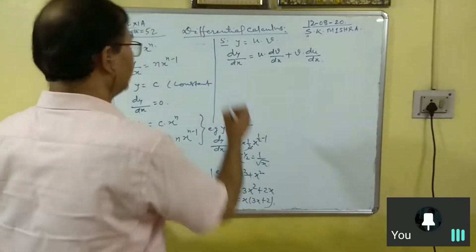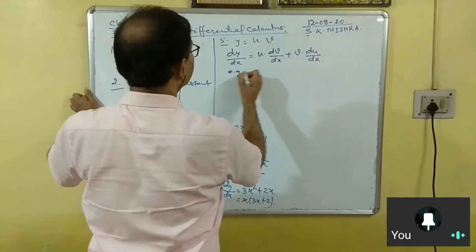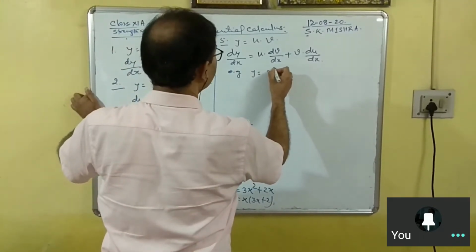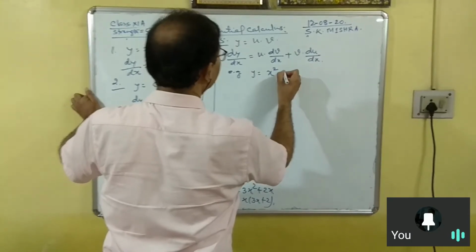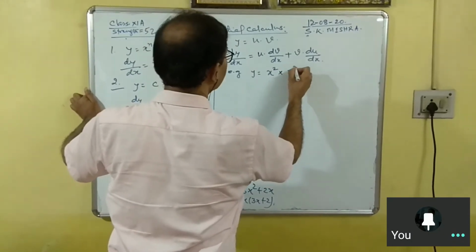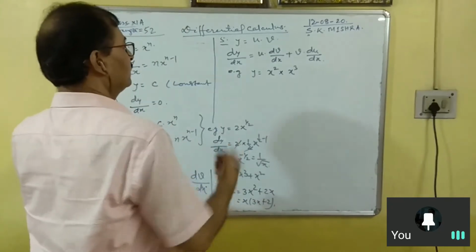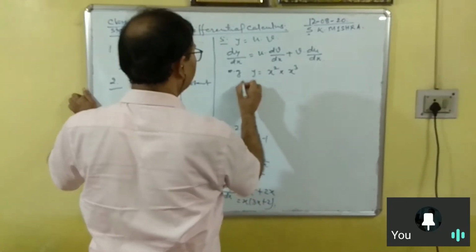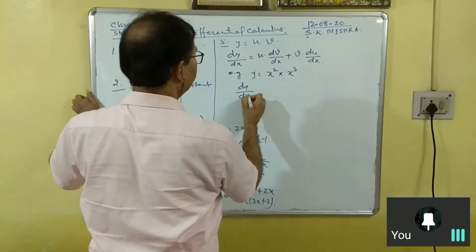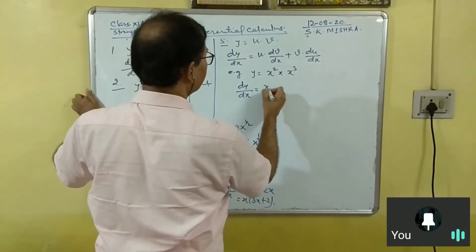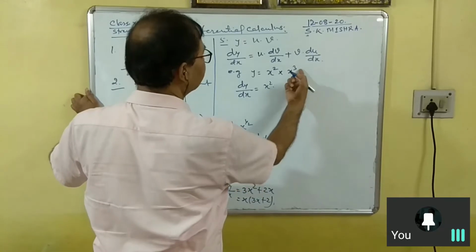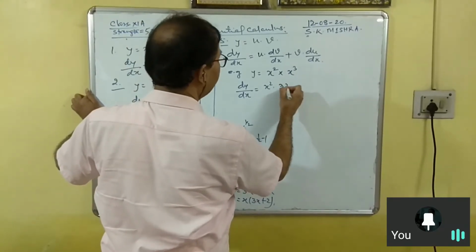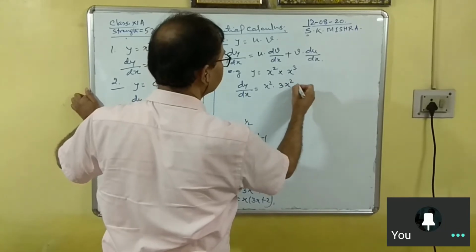As for example, if you have a function like y is equal to x square into x cube, u is x square and v is x cube. Then dy by dx is the first function into the differentiation of the second function. The second function is x cube, whose derivative is 3x raised to 3 minus 1, that is 3x square.